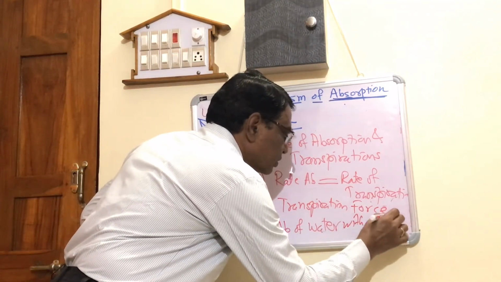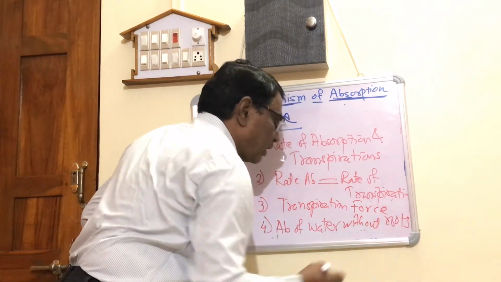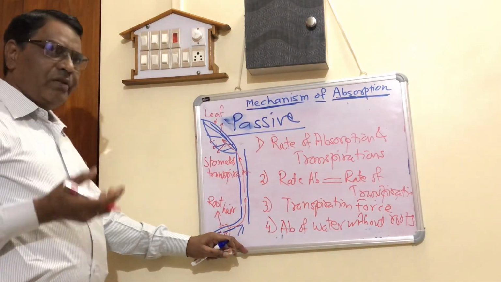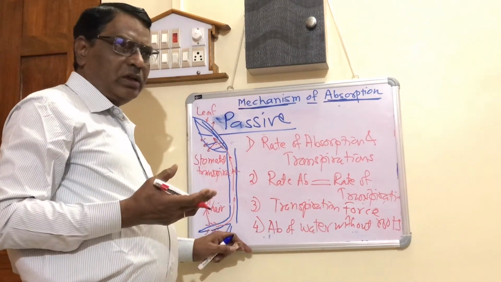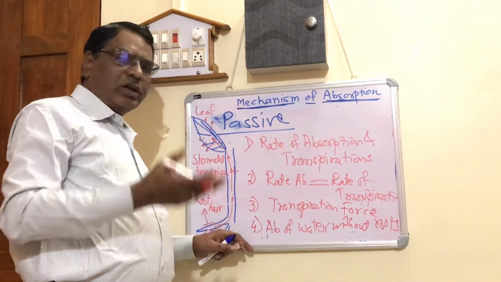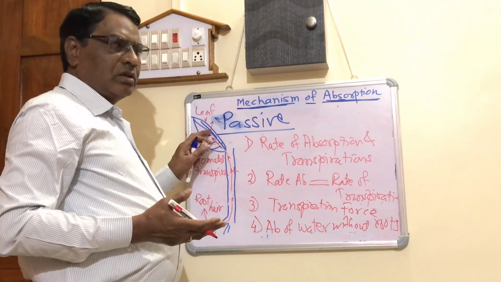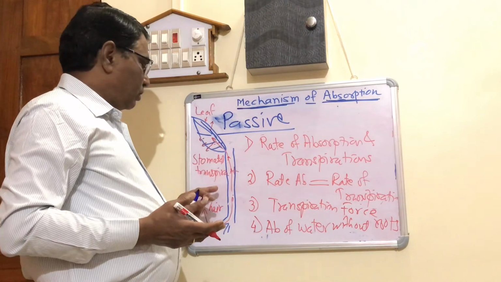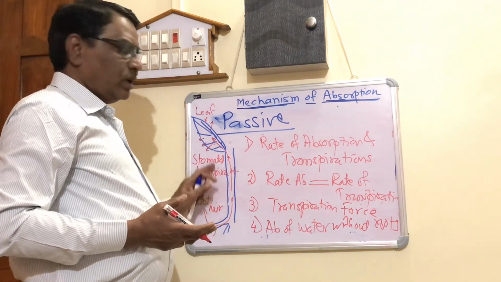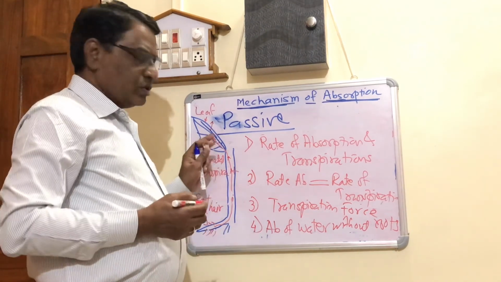According to the active absorption theory, the roots absorb water, and that absorbed water is then conducted to the leaves.